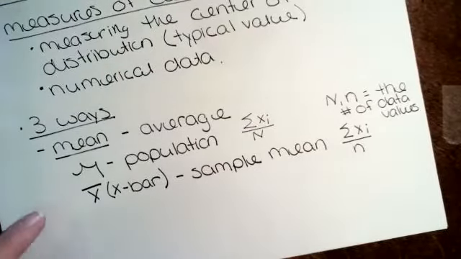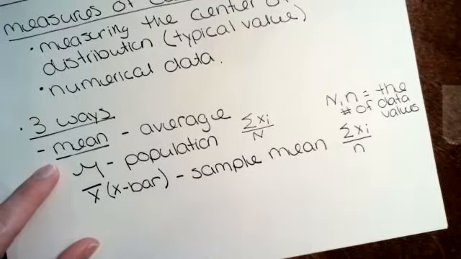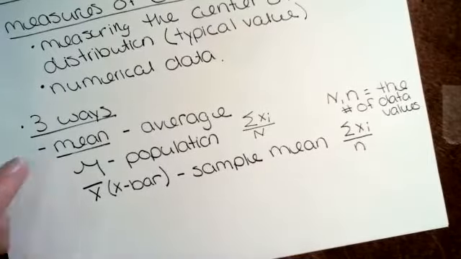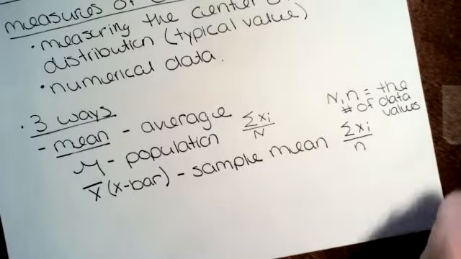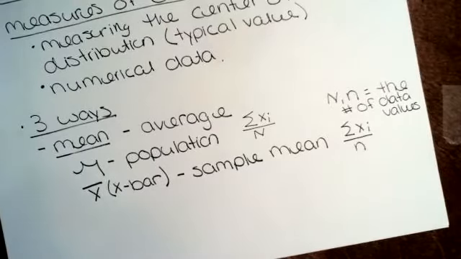Okay, so when we're looking at the mean, this is what we call maybe the center of gravity. We use it when the data is quantitative, right? So numerical, and the distribution is roughly symmetric. Okay, so let me write that down. We use this when it's symmetric.